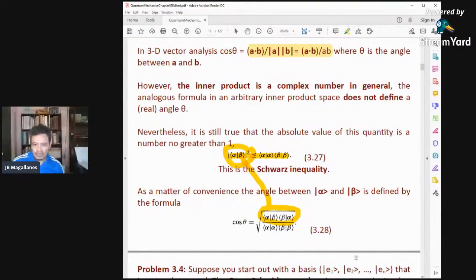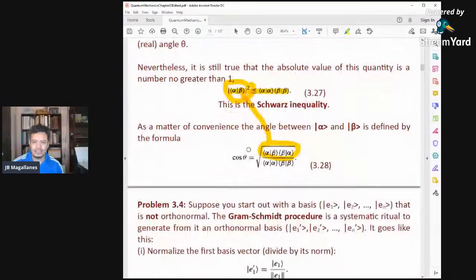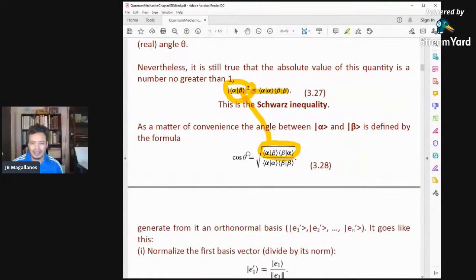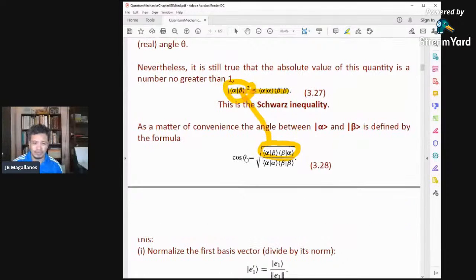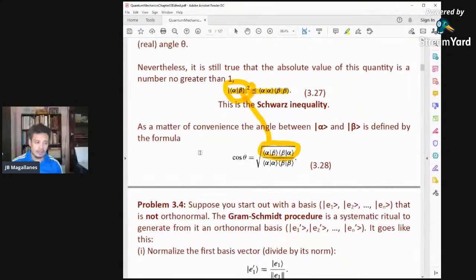Because of the Schwarz inequality, you can actually get cosine theta, because the right side is always greater than or equal to the left side. But don't imagine yet the angle theta between these two vectors, because it's hard to imagine for dimensions greater than 3.